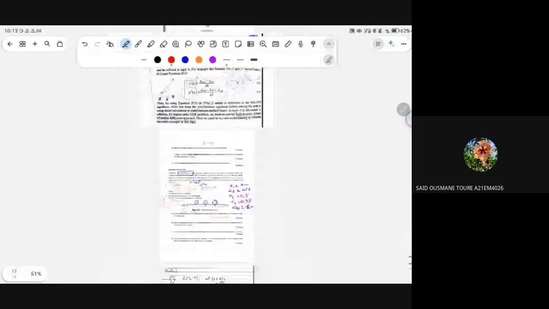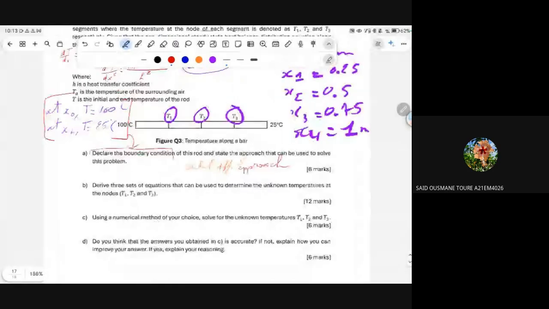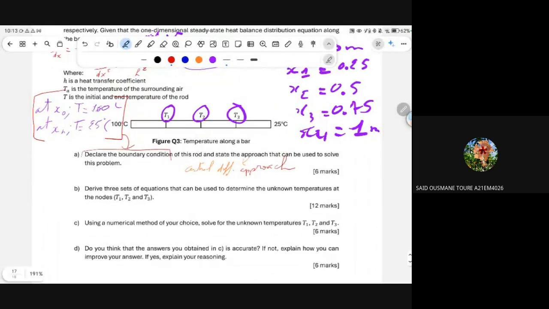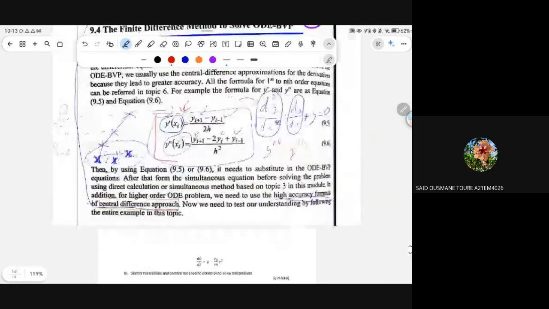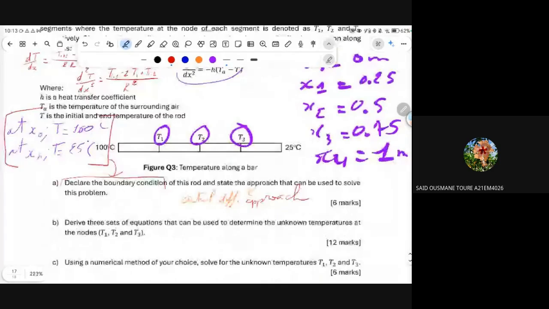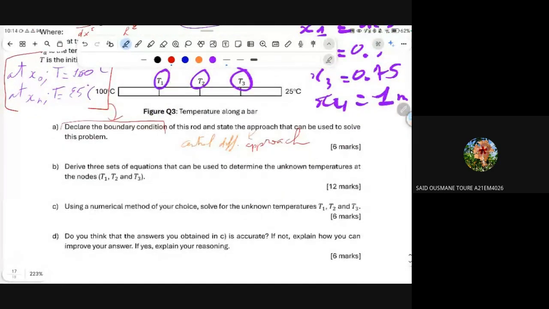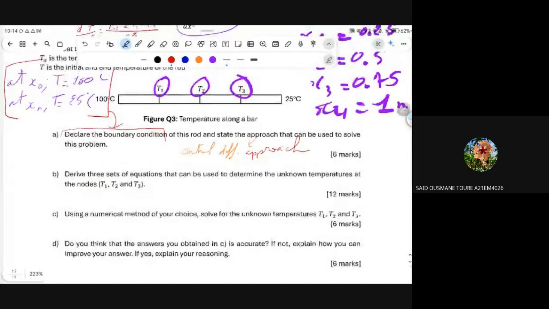I don't know how they worded it so badly, but since they talk about approach, state the approach, and then central difference approach, you can go for finite difference. And finite difference uses the central difference approach formulas, which are the second derivative and first derivative.